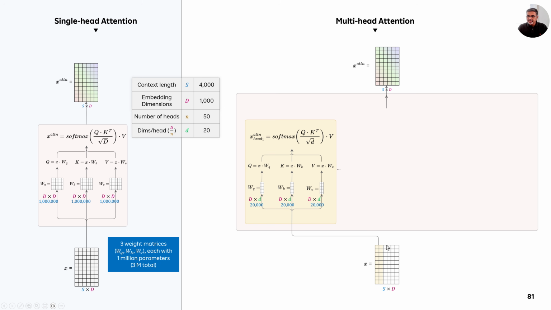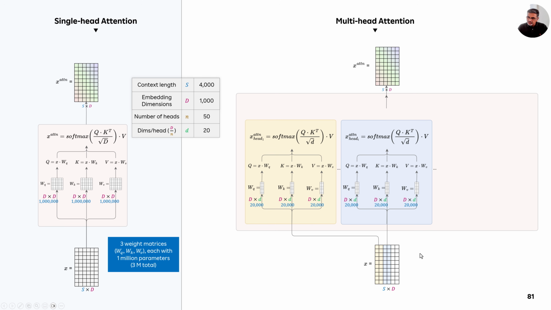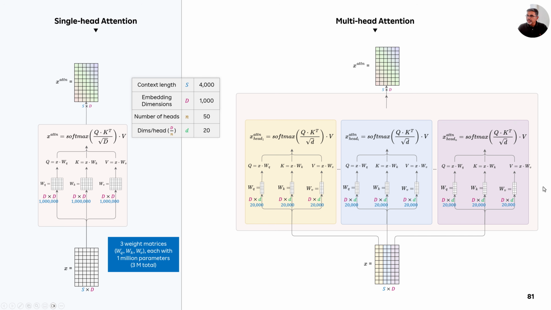The next 2 dimensions you pass to another self-attention module, and the next 2, since total we said 6, you pass to another self-attention module. Each of these self-attention modules is called a head. So in this picture, capital D is 6. You're slicing it into 2 dimensions per head, per self-attention module. This is lowercase d, let us say. Each of these 2 goes to an individual self-attention module, so there are 3 heads here.